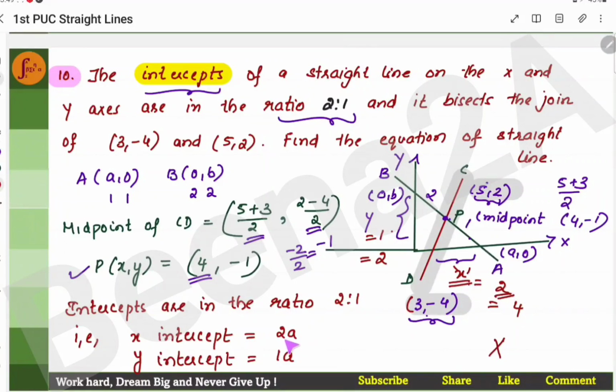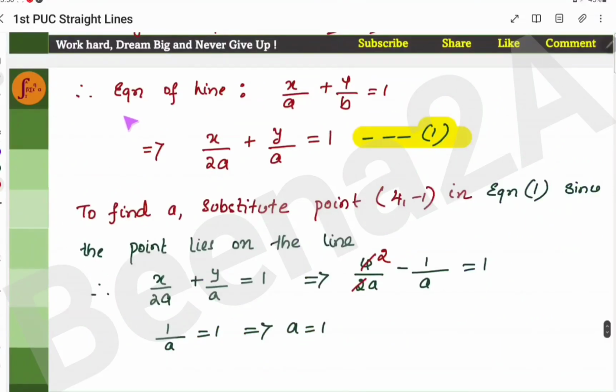What is the x-intercept? A. What is the y-intercept? B. Now the x-intercept is 2 times and the y-intercept is 1 time, so B is equal to A, and A is equal to 2A. Take the intercept form of the equation, x by A plus y by B. Instead of A you put 2A, instead of B you put A. Now we need to get rid of this A, only then can we get the equation.